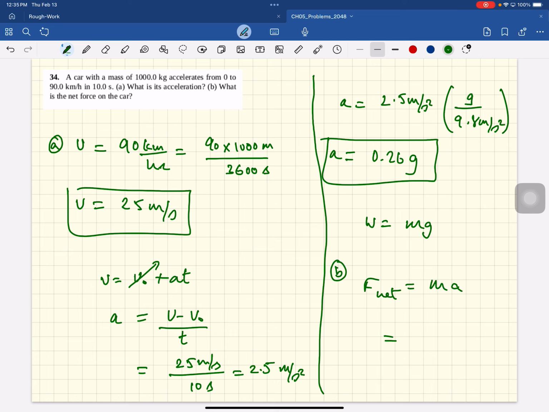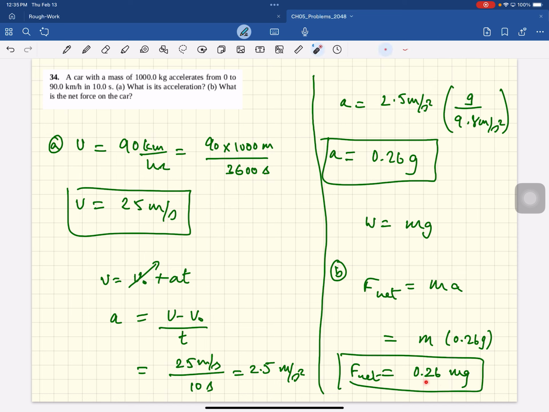So that's the force that the engine is applying on the car, and that's equal to mass times 0.26 g, just 0.26 mg. So you see, this force is 26% the weight of the car. And so that gives more meaning to it.